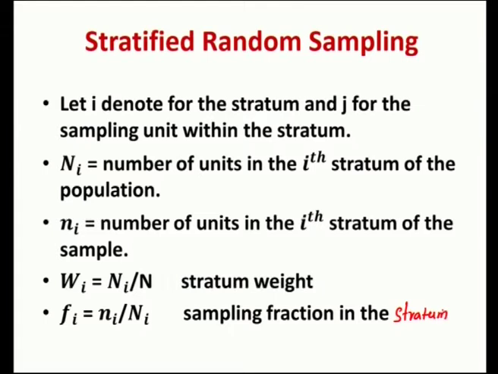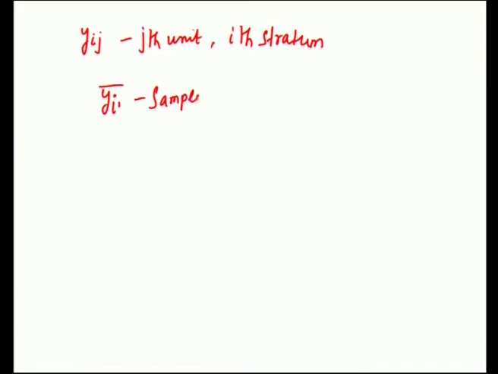Let us learn some more notations used in stratified random sampling. Yij denotes the value of the jth unit in the ith stratum. The sample mean is denoted by yi dot bar, and it is defined as summation yij by ni, with summation over j equal to 1 to ni.